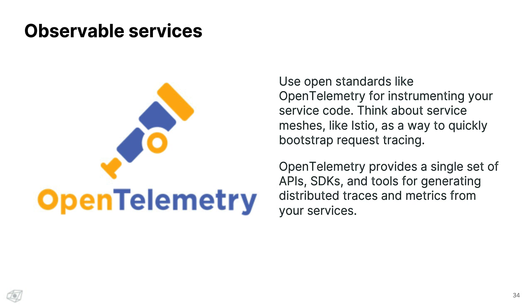And if you do want to make some changes to the code yourself, OpenTelemetry provides a single set of APIs and SDKs to do that in a way that is portable no matter what other solutions you use, even if you're using a set of solutions to store, process, and analyze that data.